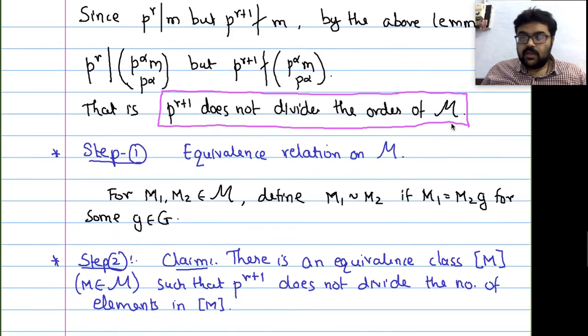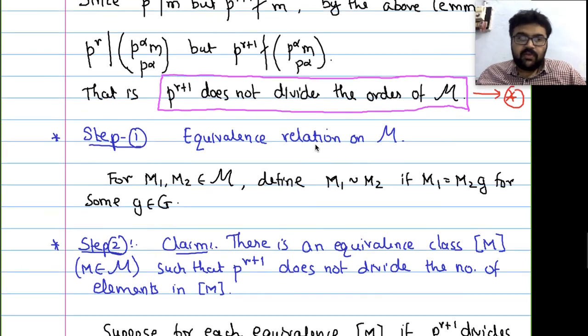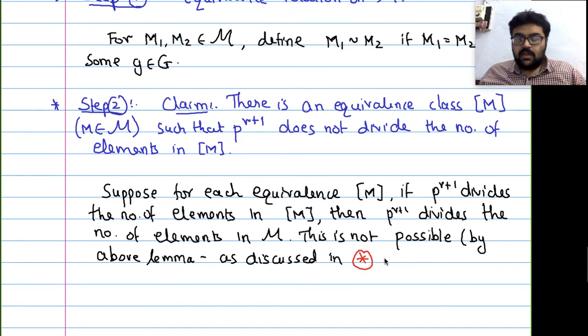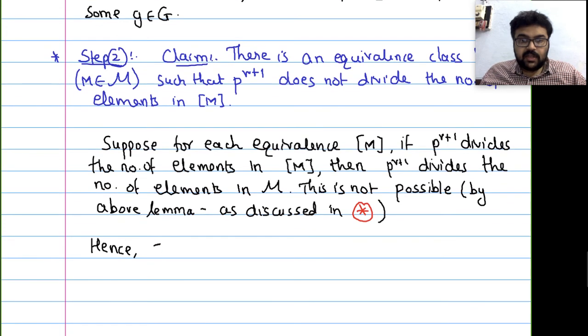What the above lemma concludes I have written here for understanding, so we can just refer to this as discussed. So hence the claim: there exists at least one equivalence class.